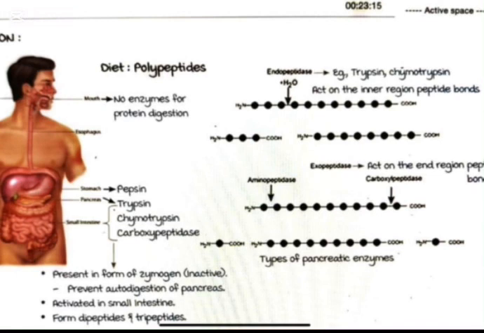Polypeptides have a carboxy end and an NH2 end. Exopeptidases act on the end region of peptide bonds: aminopeptidase and carboxypeptidase. Types of pancreatic enzymes: endopeptidase and exopeptidase.